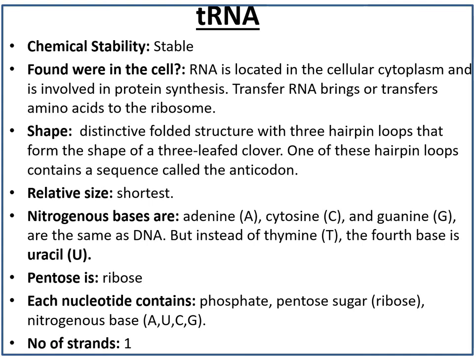And one of these hairpin loops contains a sequence called the anticodon. It is the shortest of all 3, and the bases are adenine, cytosine and guanine, and also uracil. The pentose sugar is ribose, and each nucleotide contains phosphate, pentose sugar, which is ribose, and the nitrogenous base A, U, C or G, and it is single-stranded.